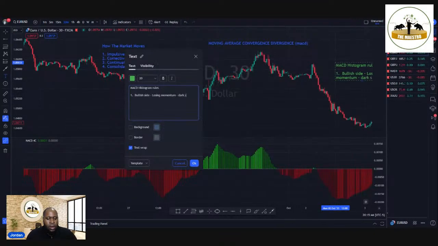Let me put that over here so it's very clear to everyone. When we are losing momentum on the bullish side, it starts to shade darker.